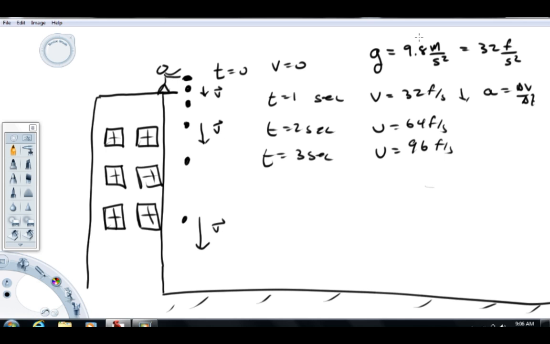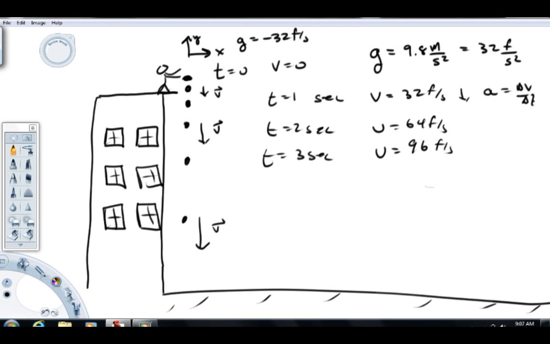If I were to put a coordinate system like this, x, y, the motion of this rock is in the y direction. The x coordinate of the rock is not changing. The acceleration of the rock is down, but I've got the positive y-axis pointing up. So in a coordinate system such as this, the acceleration numerically is minus 32 feet per second squared in English units, the minus sign indicating down in the negative y direction.